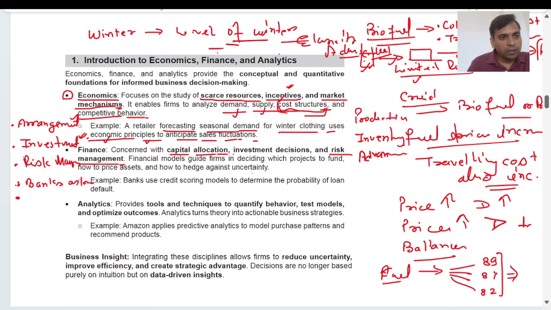You can take as debt, you can take as equity, you can launch your shares. So by multiple methods you can take money for your business, right?